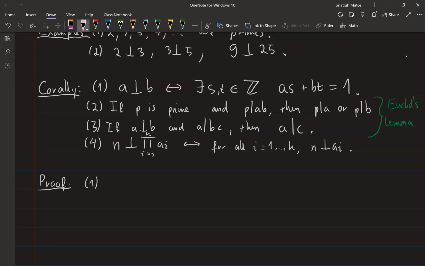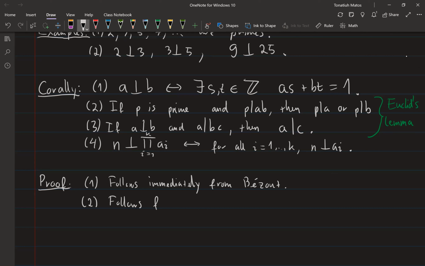So one follows immediately from Bézout's identity. Two follows from three.